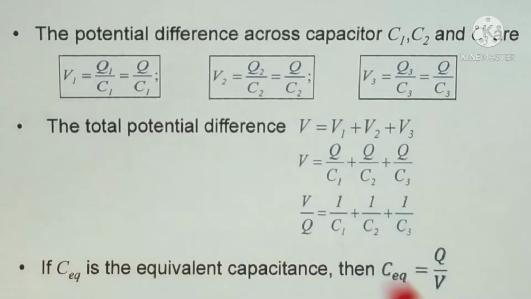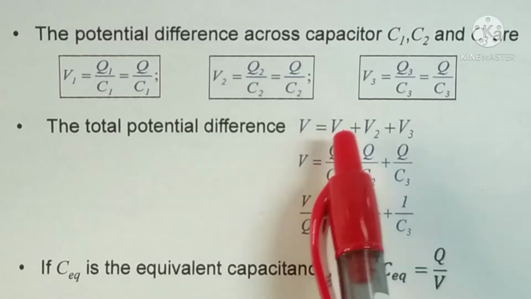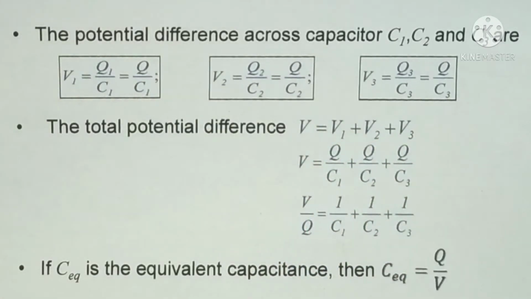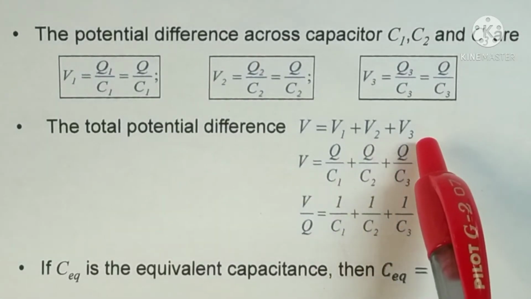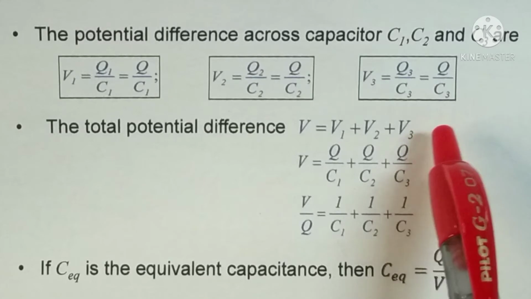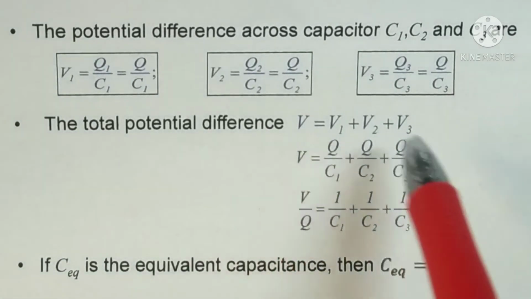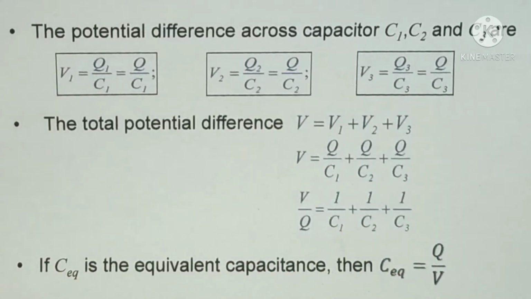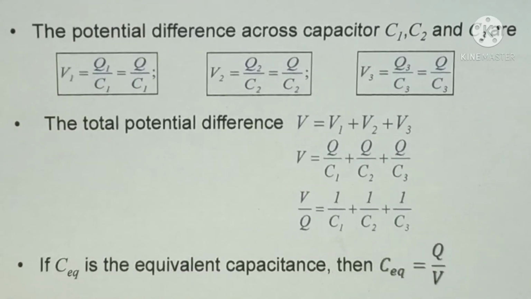So for the total potential difference, you add up all the potential differences across capacitor C1, capacitor C2 and capacitor C3. If you have more than 3 capacitors, you do the same process by adding V4 or V5 and so on. You substitute all the V1, V2, V3 accordingly into this equation, where C equivalent is Q over V, or we call it the total capacitance in the circuit.